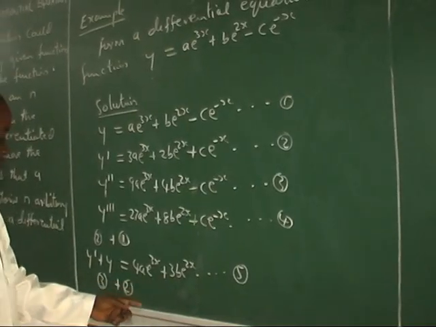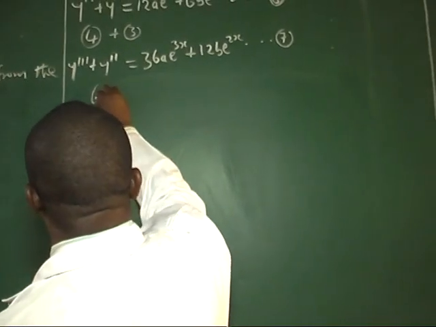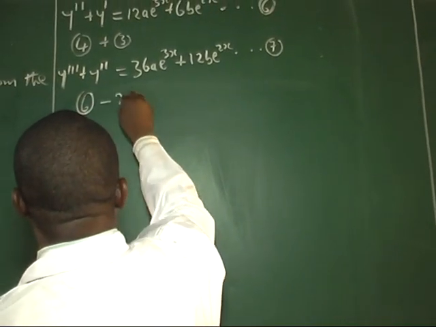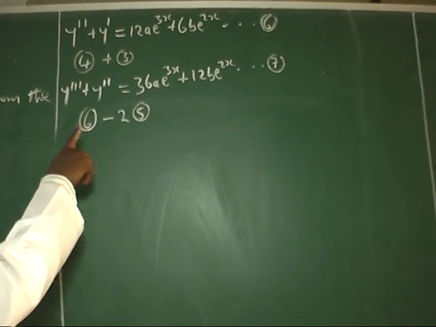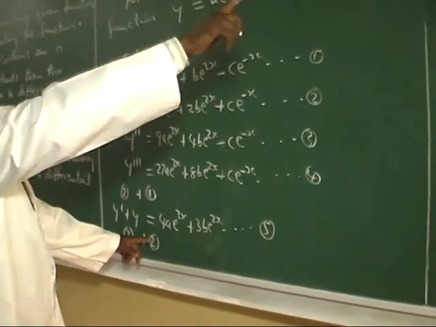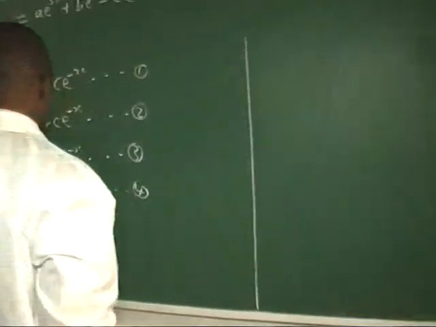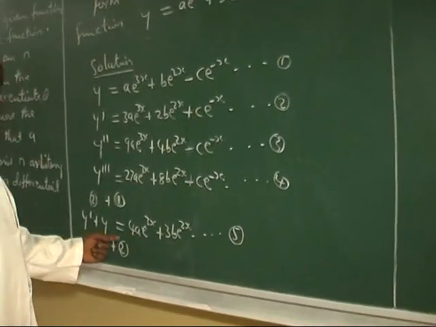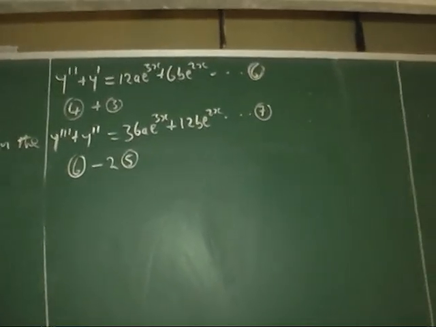So for us to remove b, we now see equation 6 minus 2 times equation 5. The reason is in 6 we have 6 here and we have 3 here. So by the time we multiply it by 2, the coefficients will be equal, so that we can remove it.